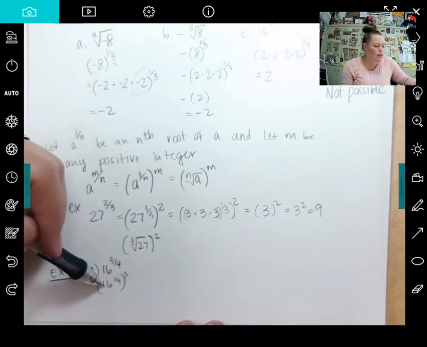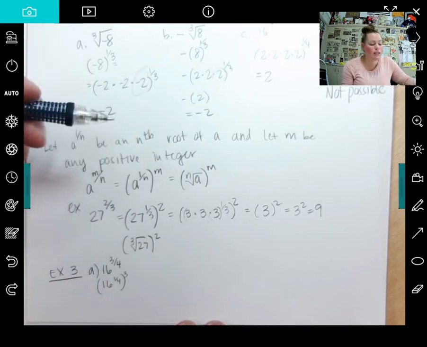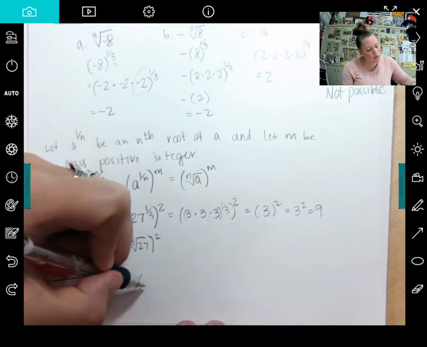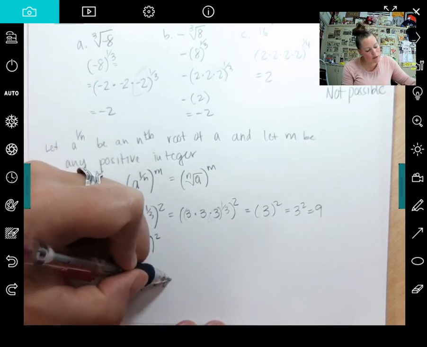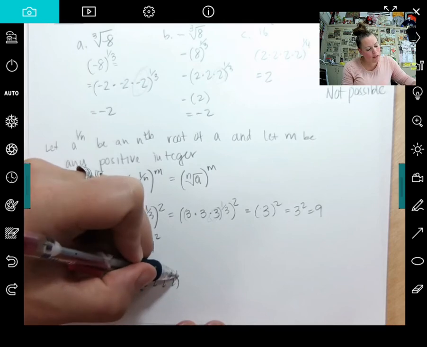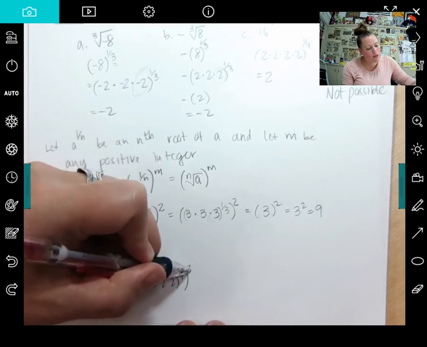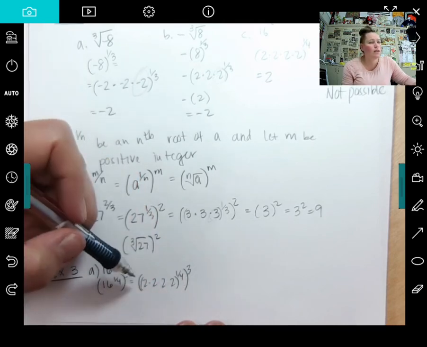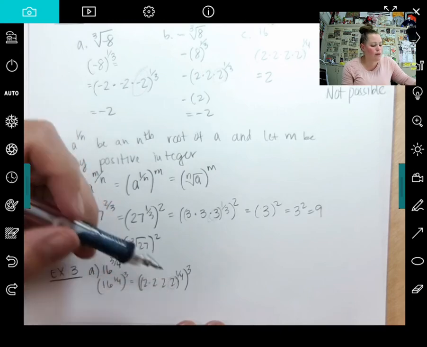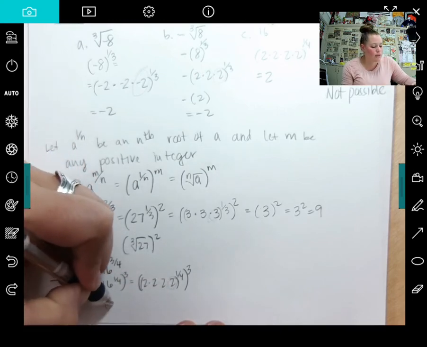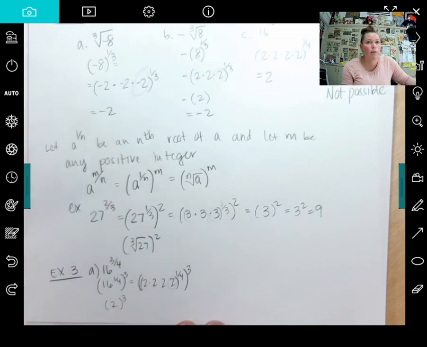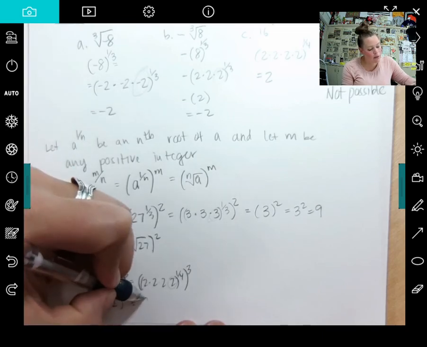So what number times itself 4 times would give us 16? That would be 2. So 2 times 2 times 2 times 2. And that is to the 1/4 power, which is to the 3rd power. So then from there, we take one of those. So we have 2, and now it's to the 3rd power. So 2 to the 3rd power is 8.